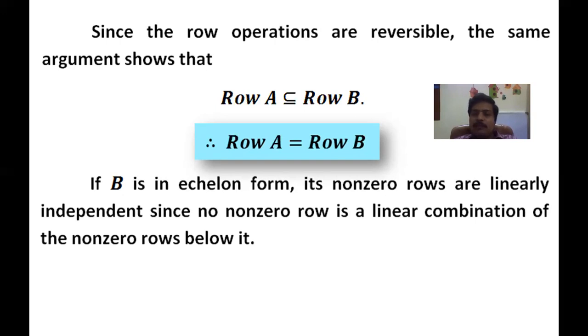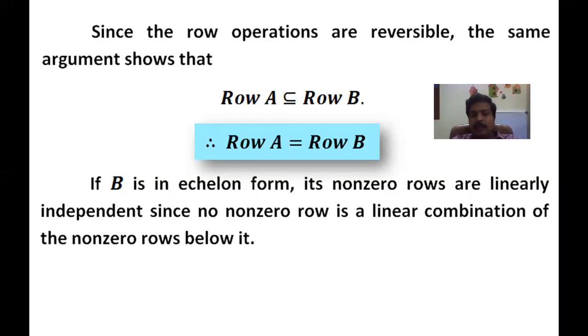So you can't form the above row as a linear combination of the rows below it, since there will be zeros in the columns in which the leading entry is there in the row above. So we can clearly say that the rows of a matrix which is in echelon form are linearly independent.